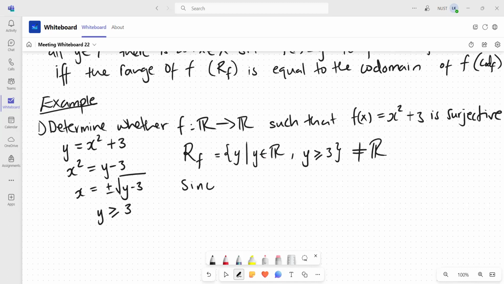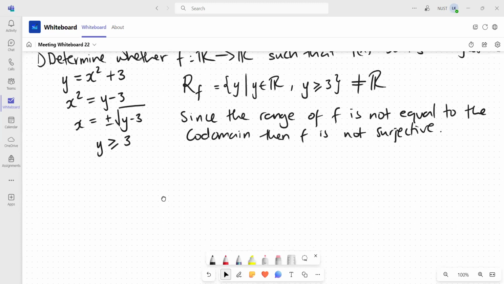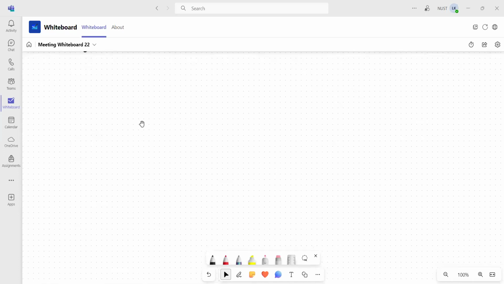So we can say that since the range of f is not equal to the codomain, then f is not surjective. Okay, so that's basically how we show that a function is surjective.